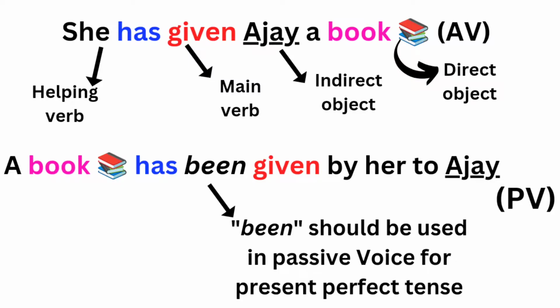We use helping verbs in active voice sentences and passive voice sentences. So "been" should be used in passive voice for present perfect tense. Whenever you want to make a sentence into passive voice for present perfect tense, we use "been" in passive voice.